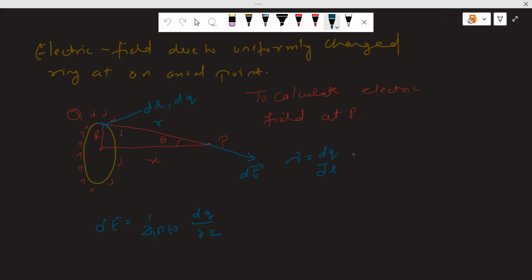Yeah. So as I told you, lambda equals dq over dl. That is also equal to the total charge over the length of the ring.